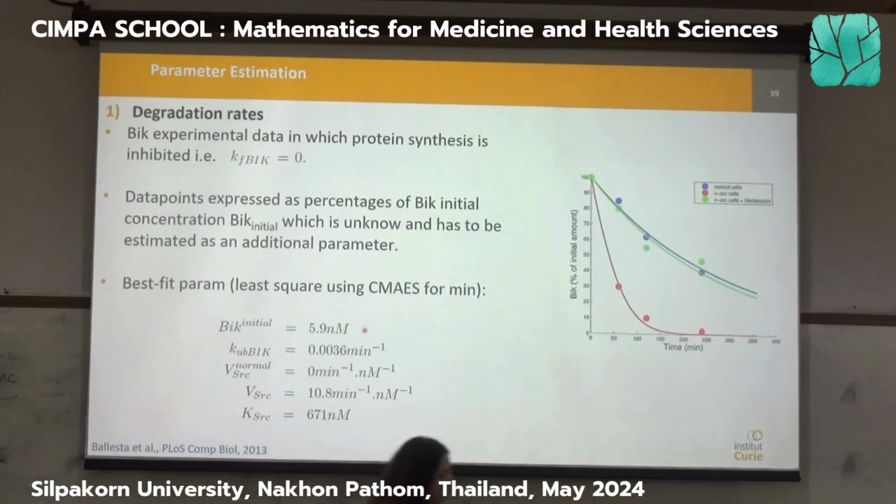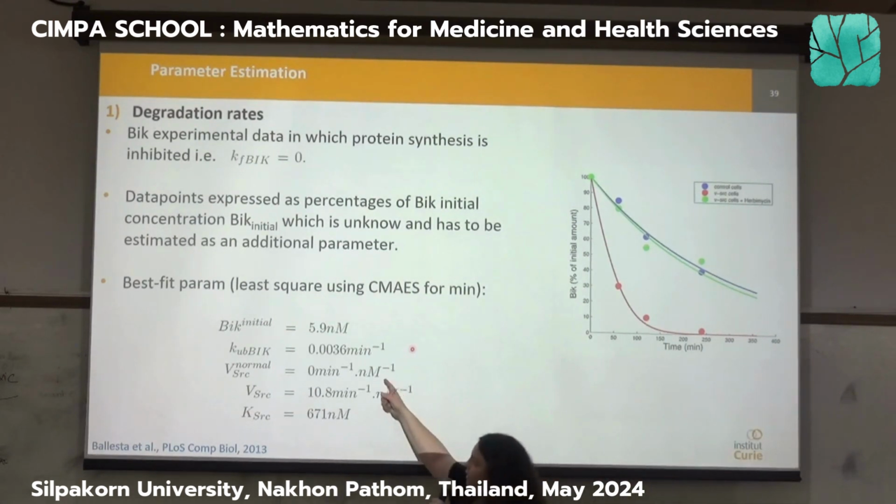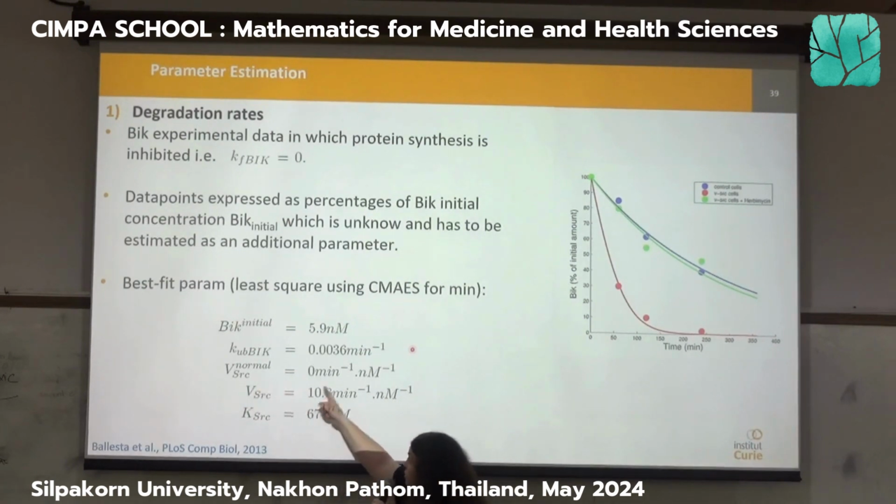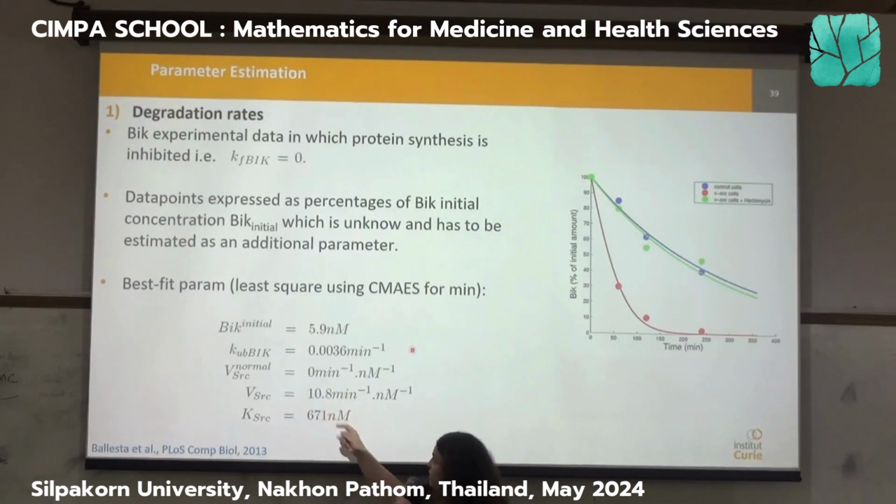Then peak was estimated to something actually really small, in the order of 10 to the minus 3. And then, as expected, the V SRC in the normal condition was estimated to 0, and the V SRC in the cancer condition was estimated to something actually really large.